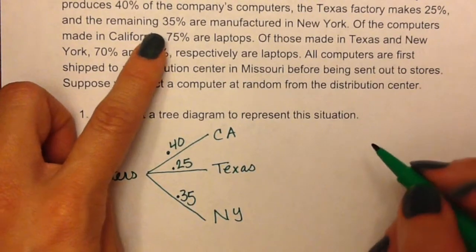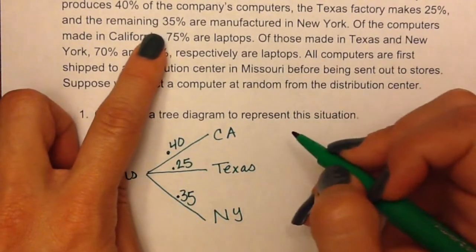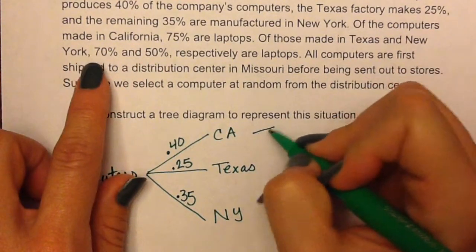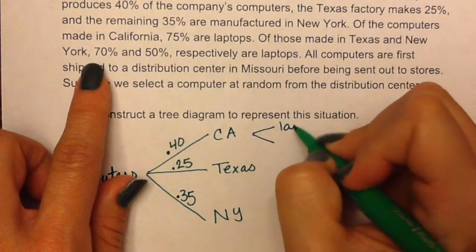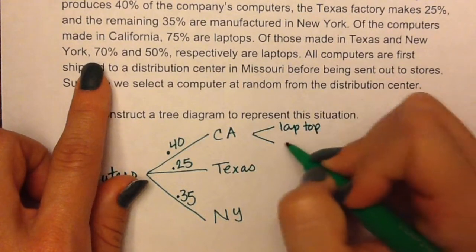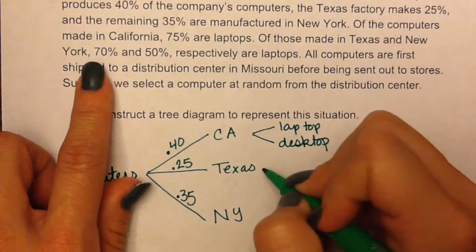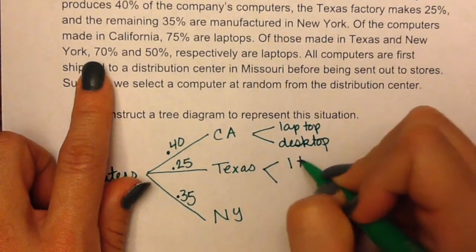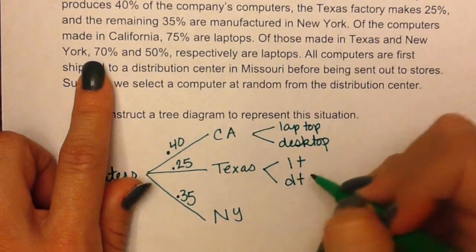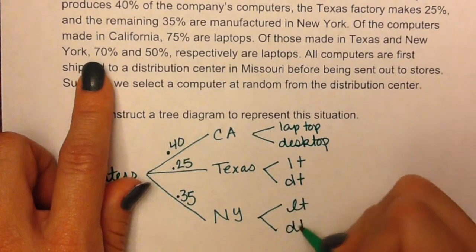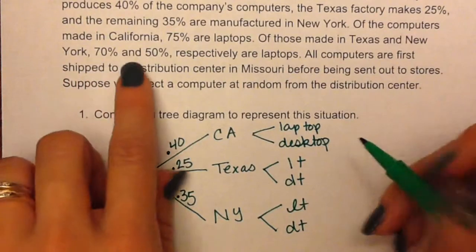Then after each state, we're looking at whether it was a laptop or a desktop computer. I'm going to do that for each of the states. And we're going to put in their probabilities.